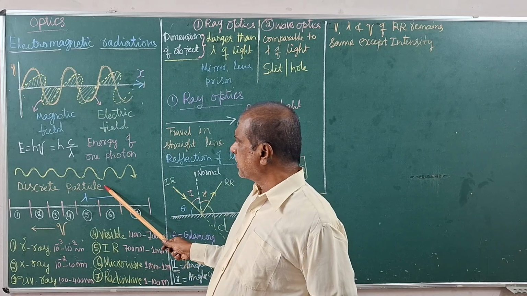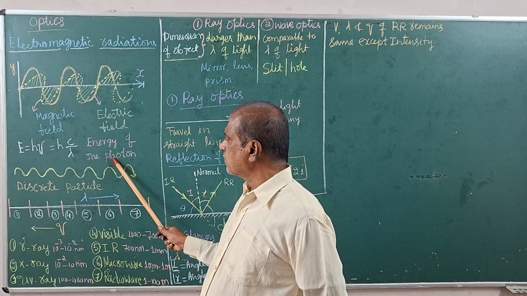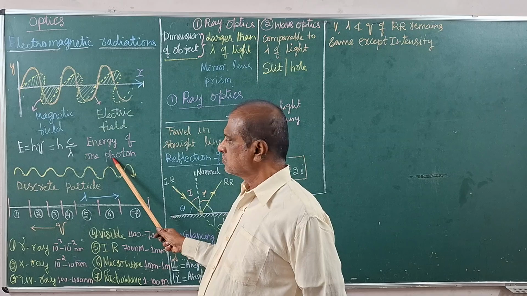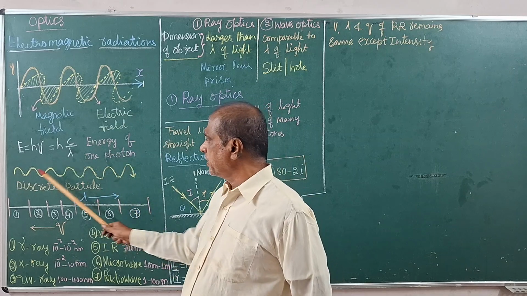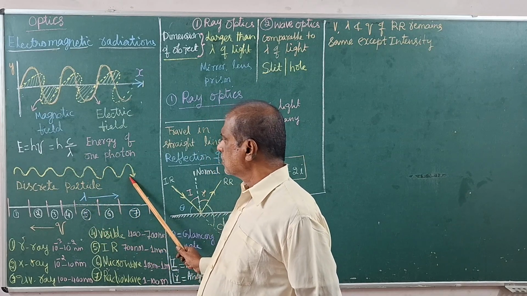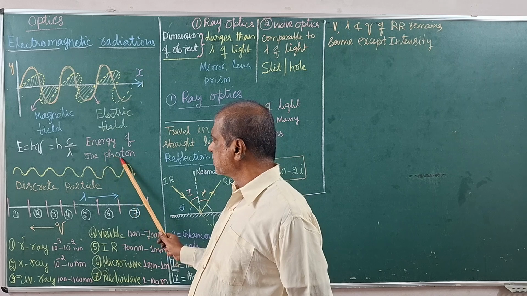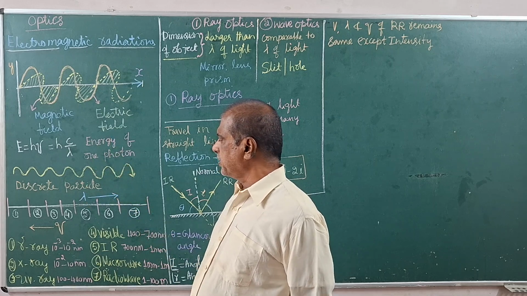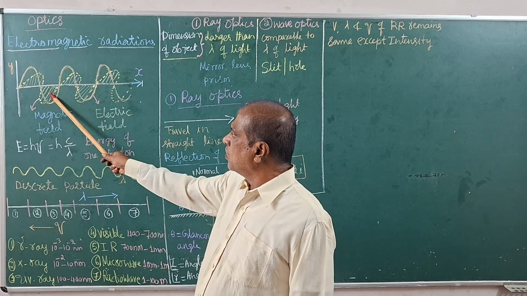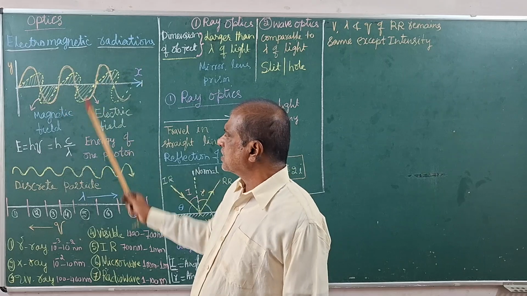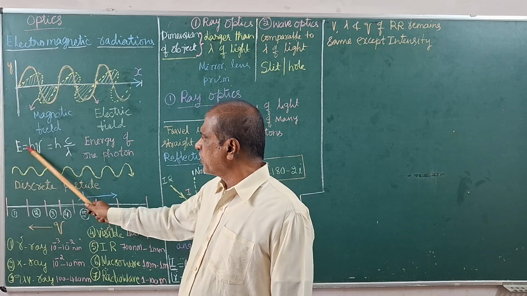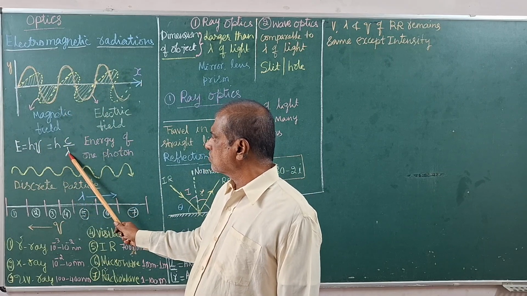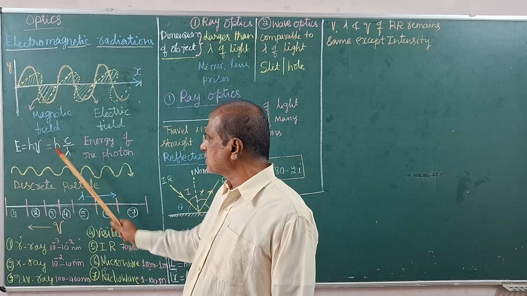It is a single particle, or one photon of radiation. What is one photon of radiation? One photon of radiation is the electromagnetic wave which possesses this amount of energy. This is a calculation like this.